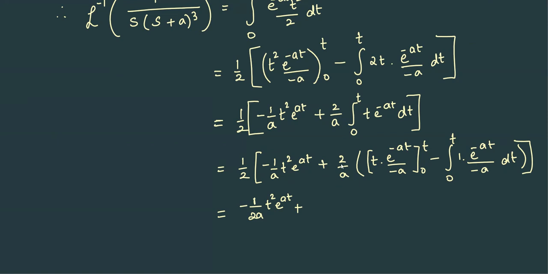Now let's look here. 2 by a multiplied by half gives 1 by a, and that 1 by a multiplied by this minus 1 by a, we'll get minus 1 by a square t e power minus at.